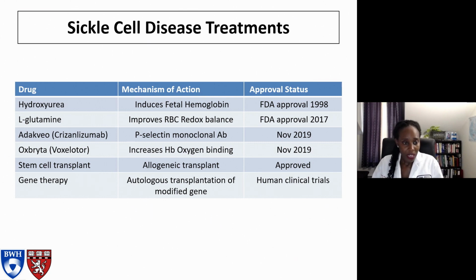It now includes L-glutamine, which improves red blood cell redox balance. There's crizanlizumab, which is a P-selectin monoclonal antibody. Voxelotor increases hemoglobin oxygen binding, and allogeneic transplant and gene therapy are currently in human clinical trials, so it's really exciting.